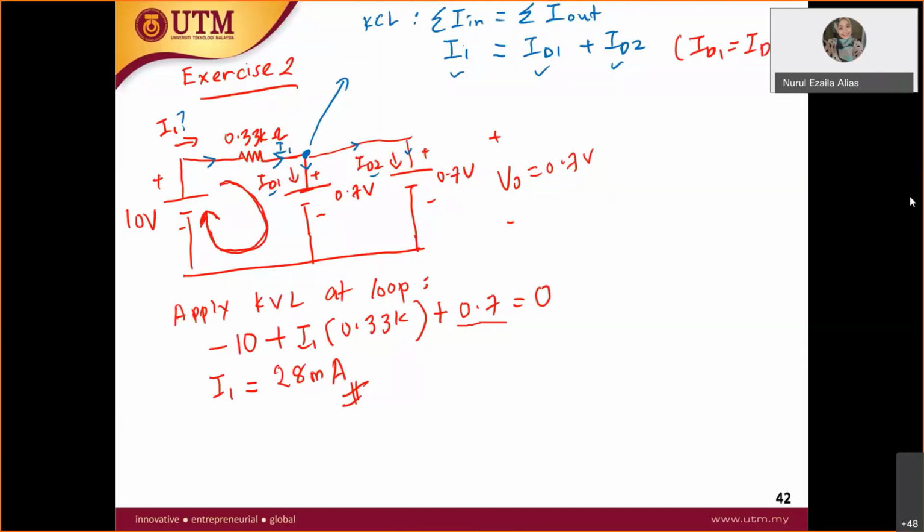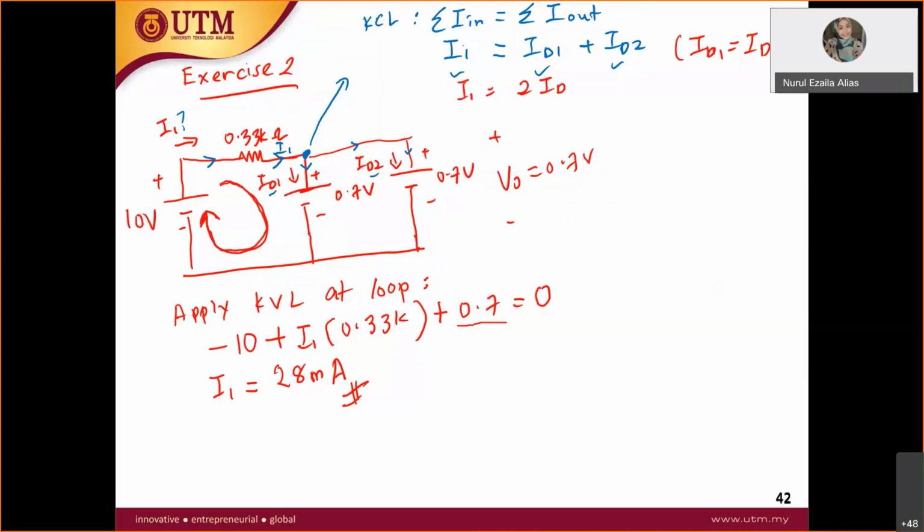Okay, so ID1 equals ID2. Can you get ID1 and ID2 since that I1 is equal to 2 ID1?